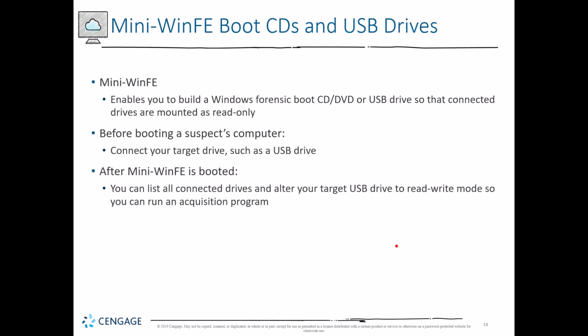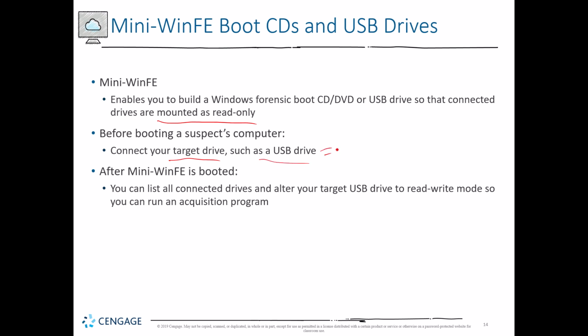For the software, we can have things like a Mini-WinFE or a Windows forensics tool, and that will basically mount the drive read-only. From there, you can then capture the image. So basically, before booting, you connect the target drive as well as a USB drive.